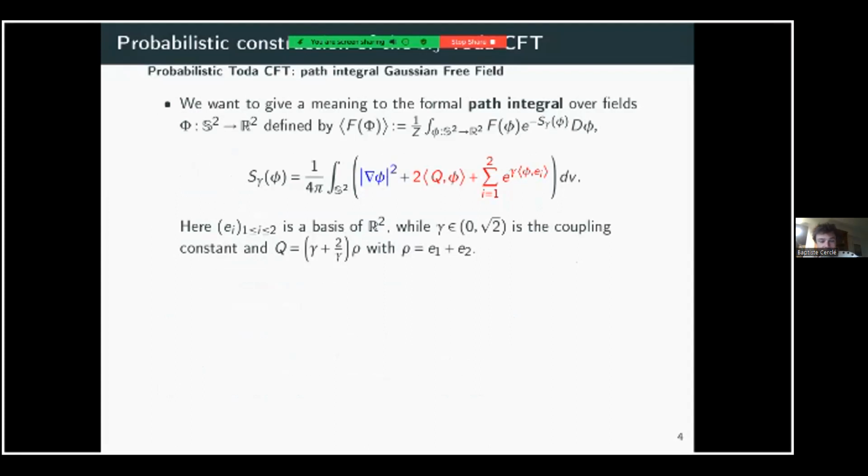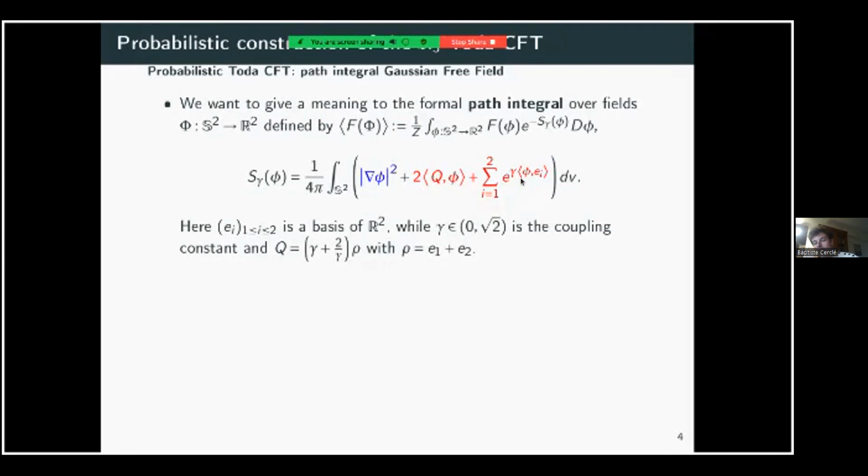In the case of Toda CFT, this action has the following form. You know that it closely resembles the action of Liouville CFT. The only difference is that you need to take scalar products because your field is two-dimensional. And the thing is, you have actually one additional exponential potential compared to Liouville.